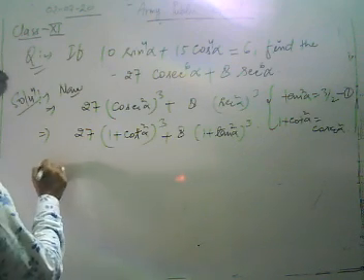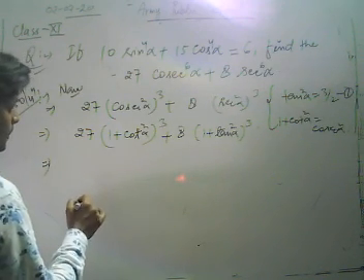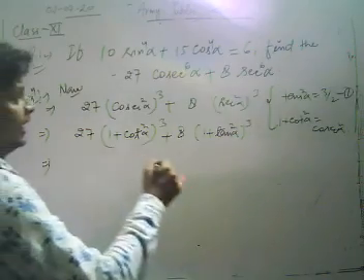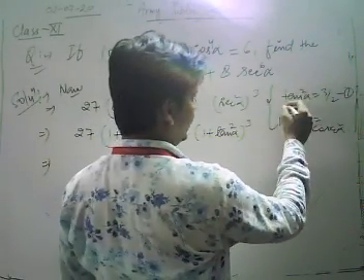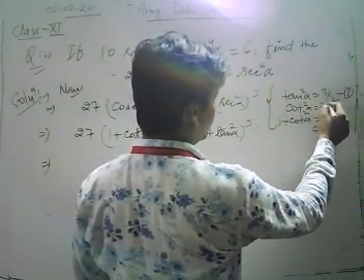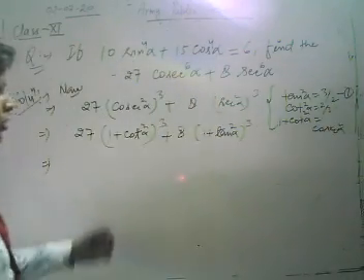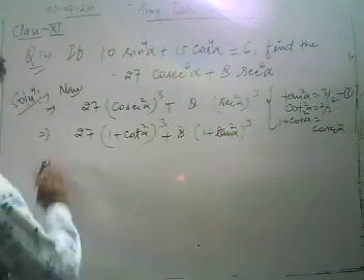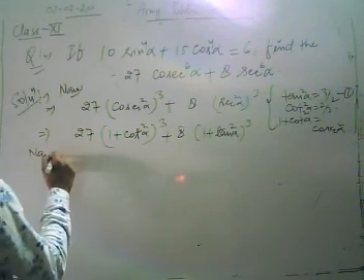Here tan square alpha is equal to 3 by 2, then cot square alpha is 2 by 3.